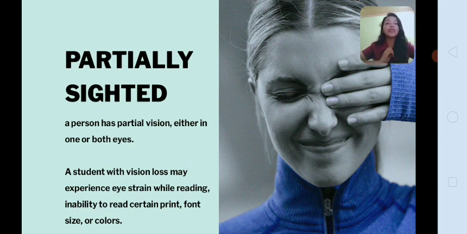A partially sighted student, for example, with vision loss may experience eye strain when reading materials or books, and may have inability to read certain print. Those students may see the font size or colors differently from students with normal eyesight.